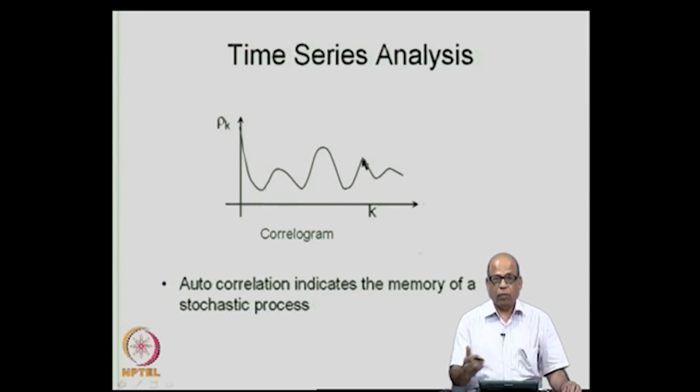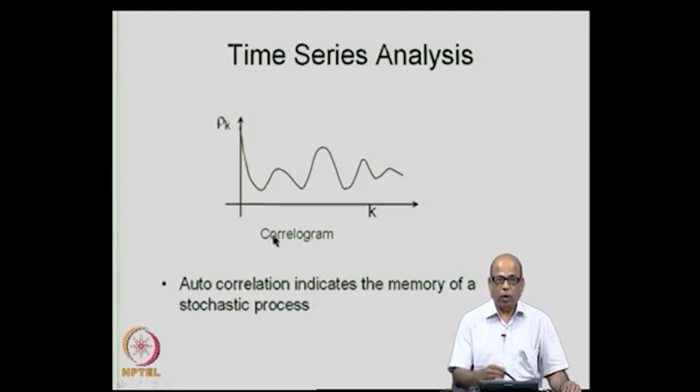K is equal to 24. The dependence of June month's flow on June month's flow of 2 years before, that is 24 months before, and so on. So, as k increases, you may have smaller and smaller rho k values.